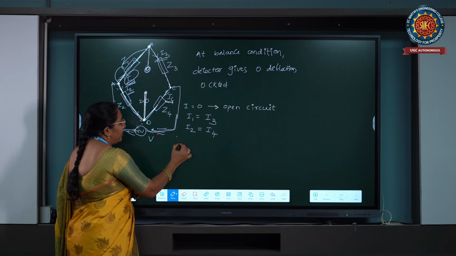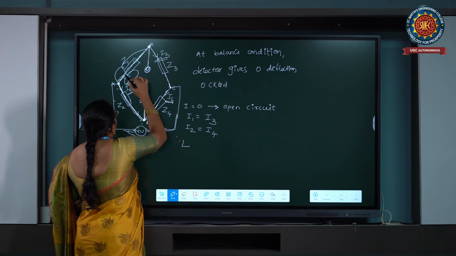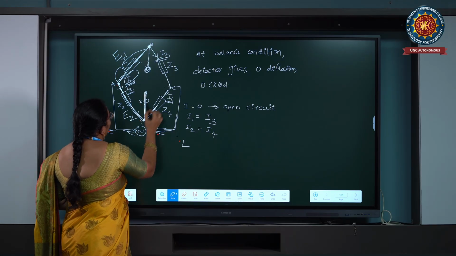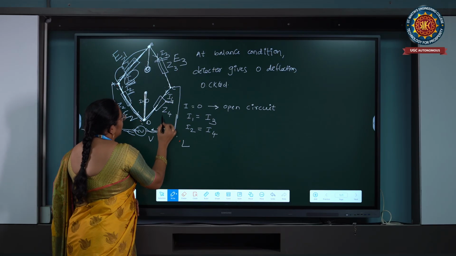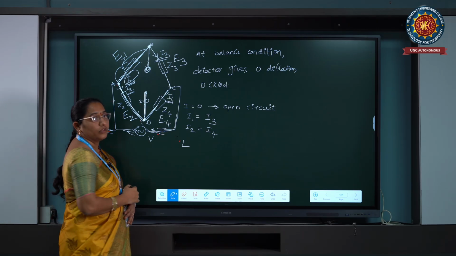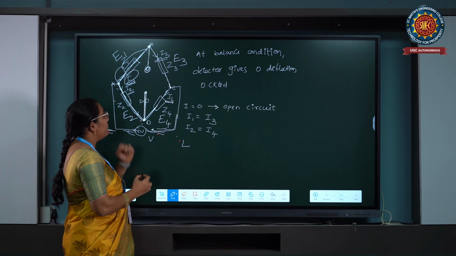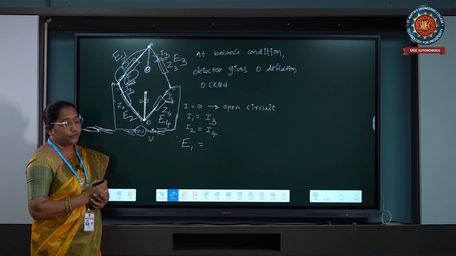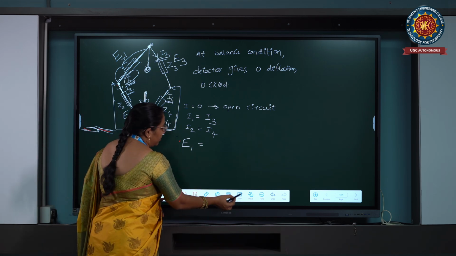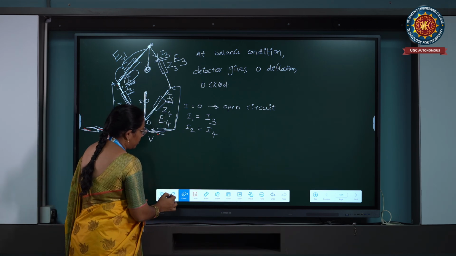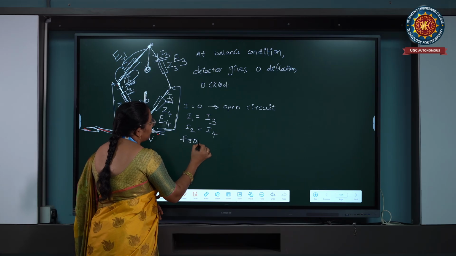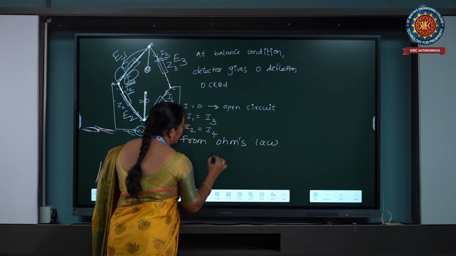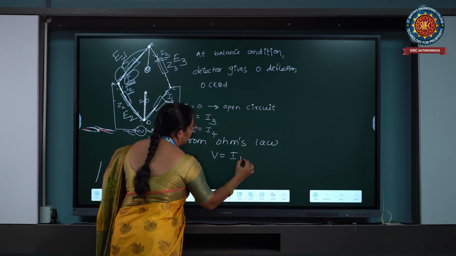See here, at first branch, I am denoting it as E1, and this one as E2, and this one as E3, and this one as E4. What is the value for E1? From Ohm's law, we know that V equals to IR.